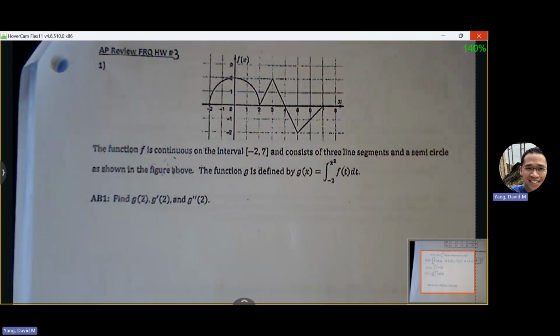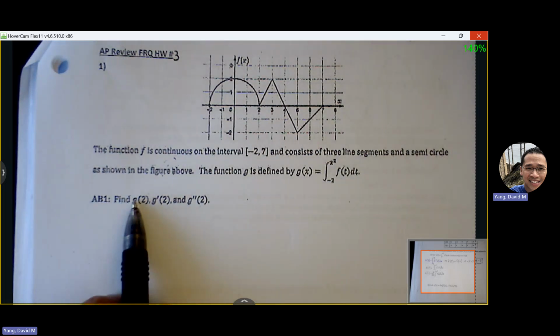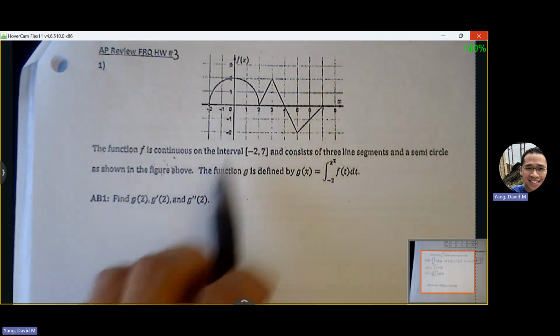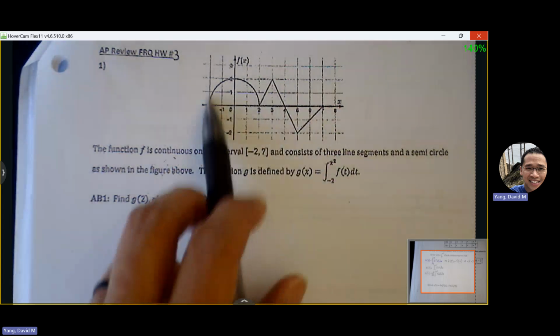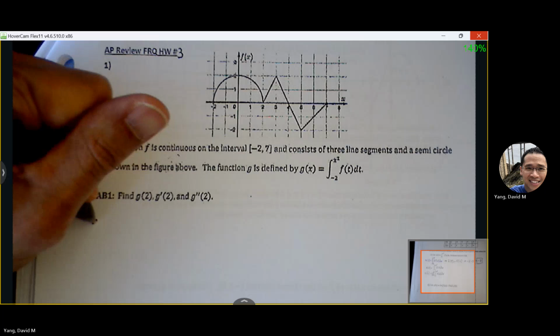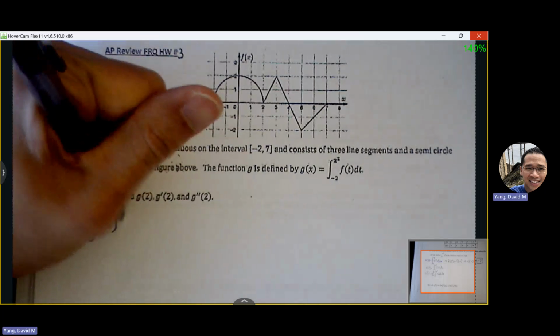The function g is defined as the integral from -2 to x squared of f of t. Find g of 2, g prime and g double prime. So you know with this setup, it's involving either the area, the ordered pair, or the slope. So let me build all the functions that we need to use.